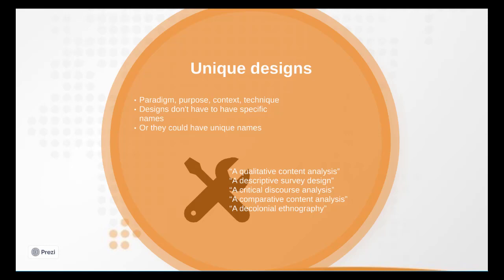Now, if you are using a research design that doesn't have a specific name or label, some of those other details that are used in determining the way your research project is designed can be used as a kind of makeshift name. So you can use, for instance, your approach also as a name for your design. So you can say this is a mixed method design, while you also use a mixed method approach.